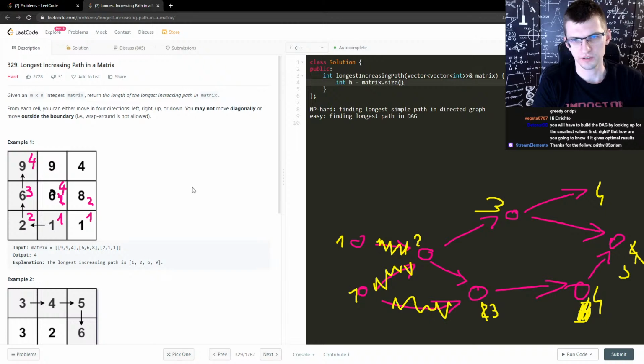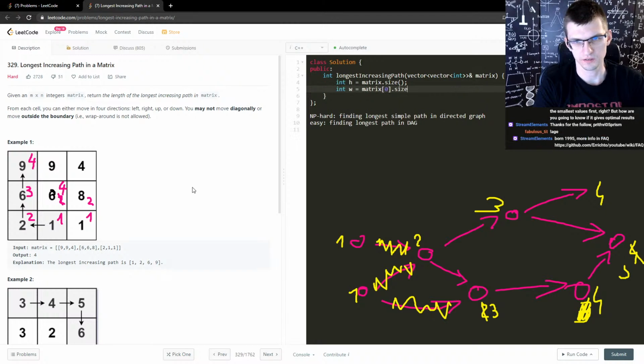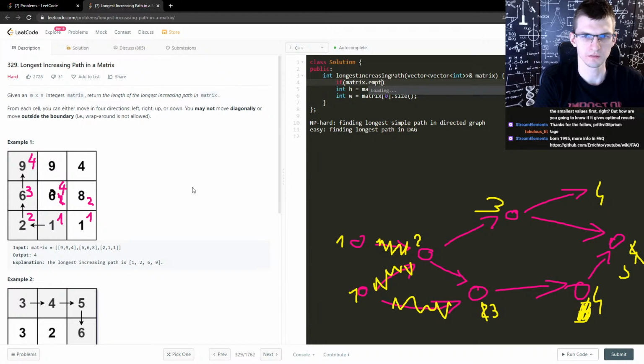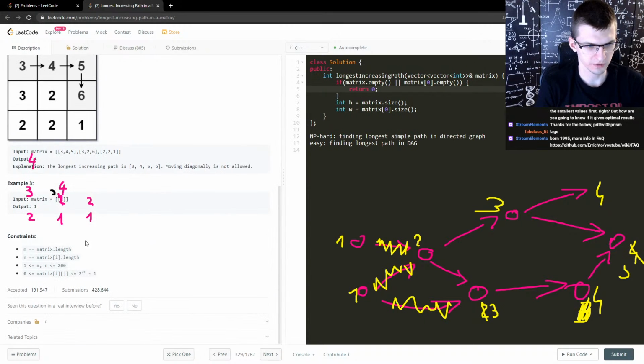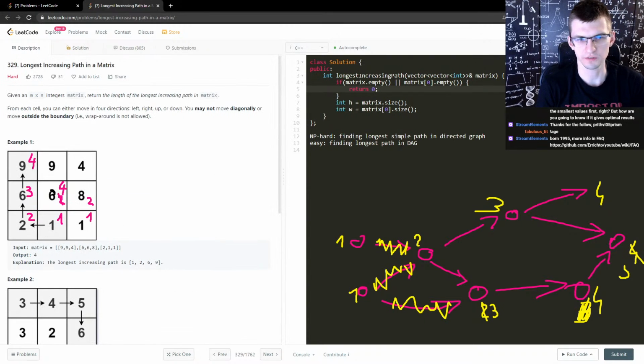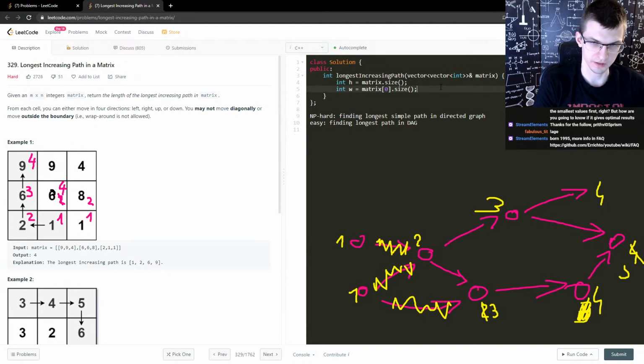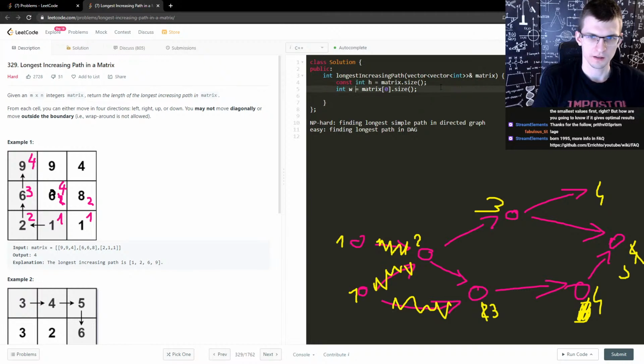Height is matrix size. Width is matrix of 0, that size. What do we return? This. Actually, I should have looked at constraints. They are from 1, so I don't need to check this. Height and width, they do exist. To make it a little bit nicer, let's use constants.